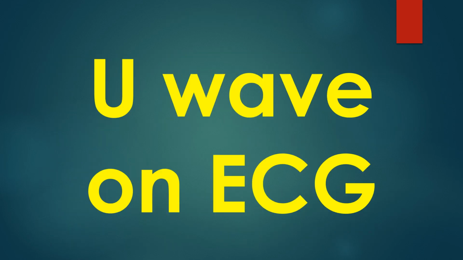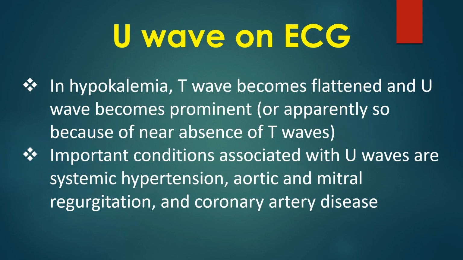U wave on ECG occurs after the T wave and is usually seen in the mid-precordial leads. In hypokalemia, T waves become flattened and U waves become prominent, or apparently so because of near absence of T waves. Important conditions associated with U waves are systemic hypertension, aortic and mitral regurgitation, and coronary artery disease.